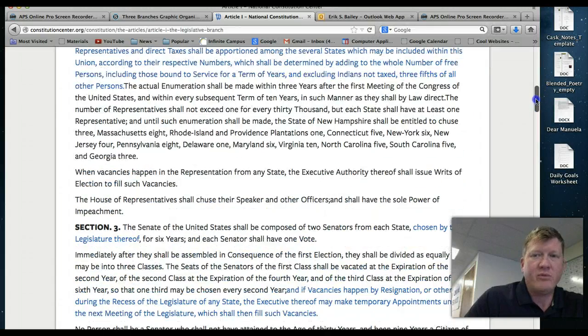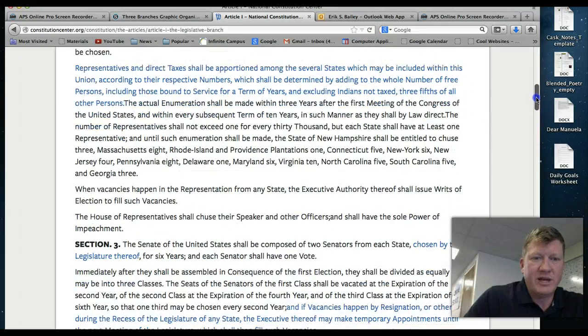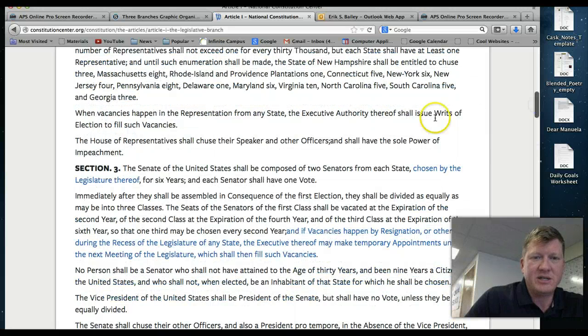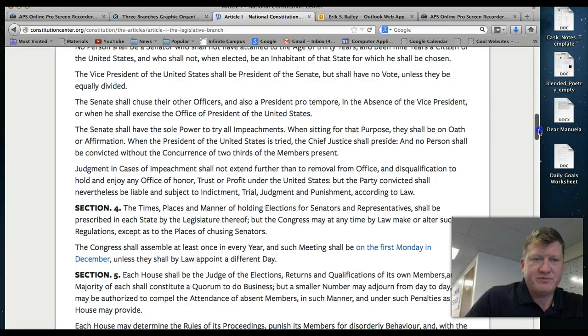And for the Senate, the requirements are no person shall be a senator who shall not have attained the age of 30 years. You have to be 30 years old, a citizen for 9 years, and live in the state you're chosen to be a senator for when you're elected.